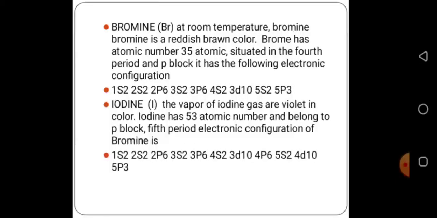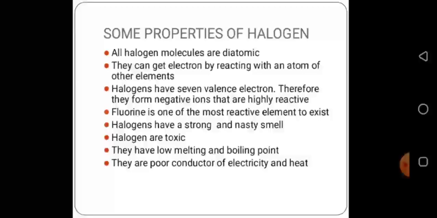The electronic configuration of iodine is 1s2, 2s2, 2p6, 3s2, 3p6, 4s2, 3d10, 4p6, 5s2, 4d10, 5p5. So this is the electronic configuration of iodine.